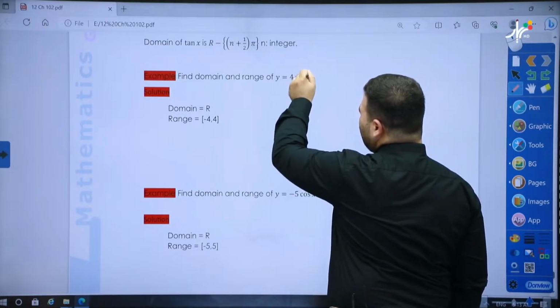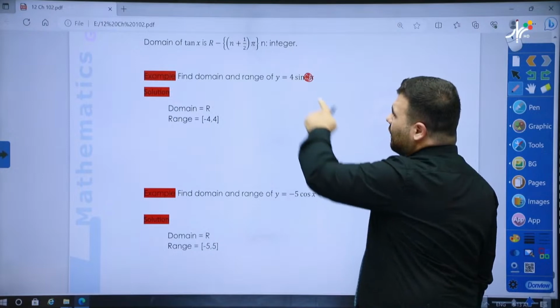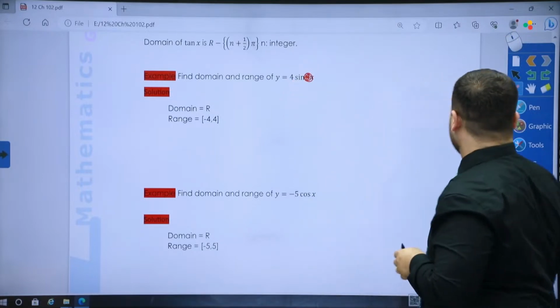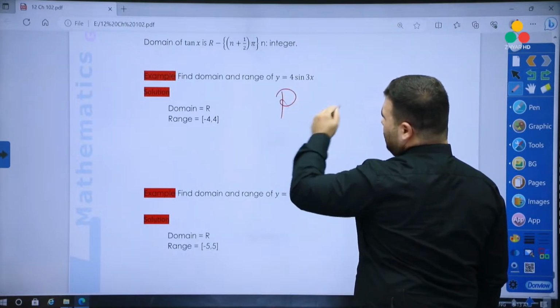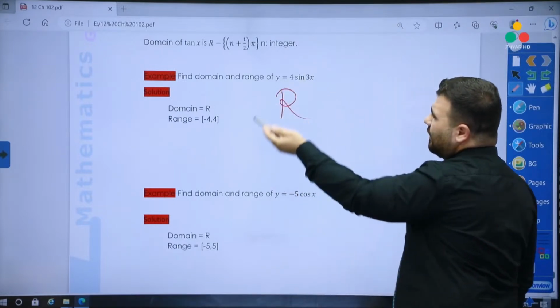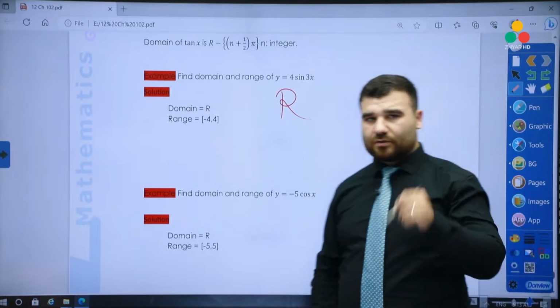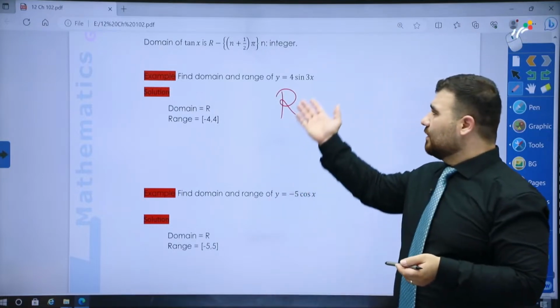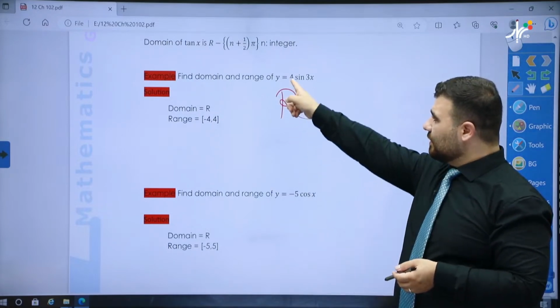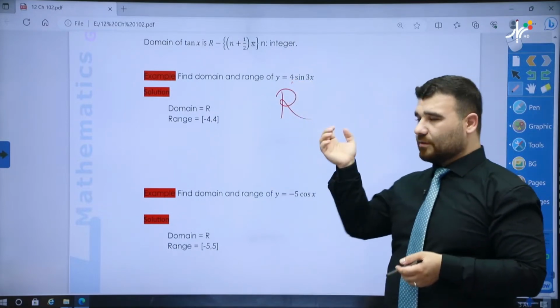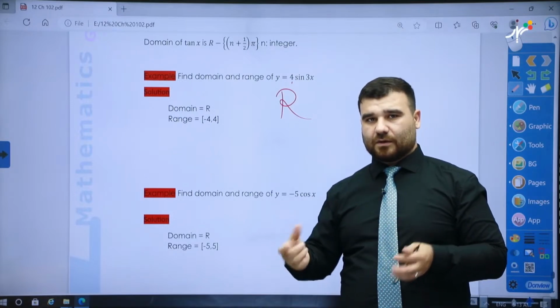It will not change anything about domain and range. The 4 is important. Domain is all real numbers because sine, it's not fraction to be over 0. It's no root to have negative. Then domain is all real numbers. Range is, look at this number, 4. So range is from -4 until 4, both in.